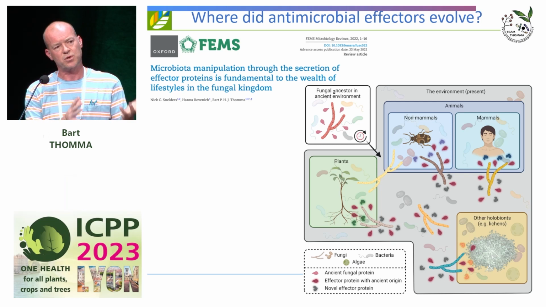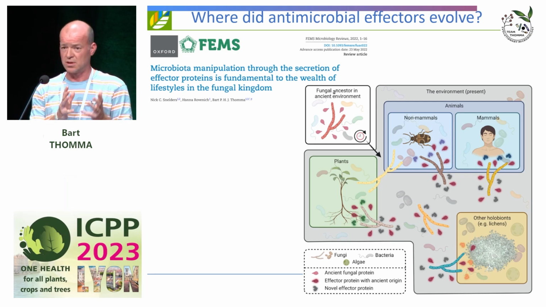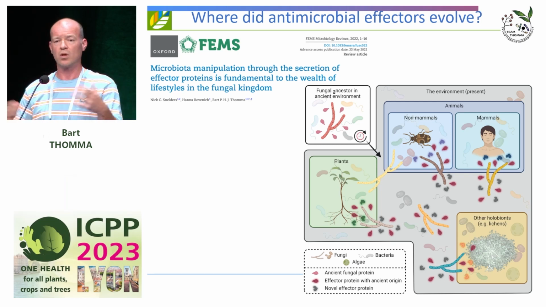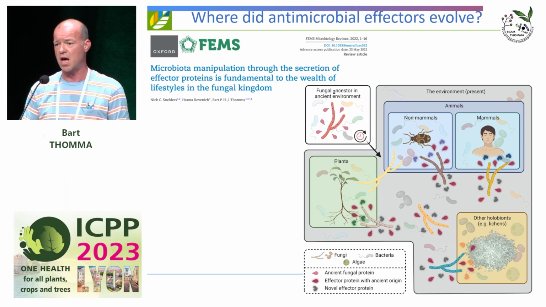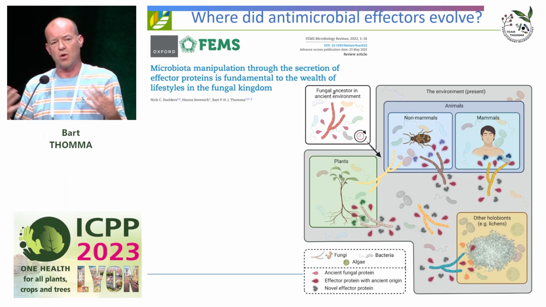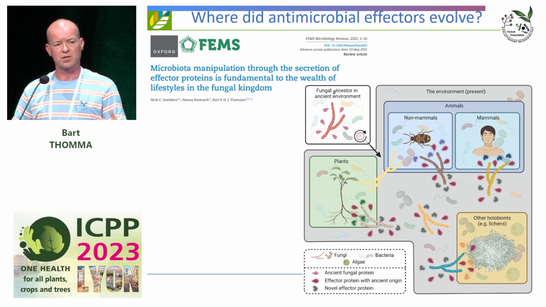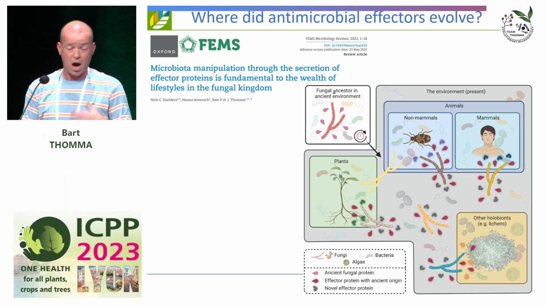And could it be that perhaps these effectors later were co-opted in all the extant fungi that we know nowadays, that colonize as saprophytes, or that cause disease, that colonize plants or animals, and in those contexts either still kept this antimicrobial activity or evolved other functions.